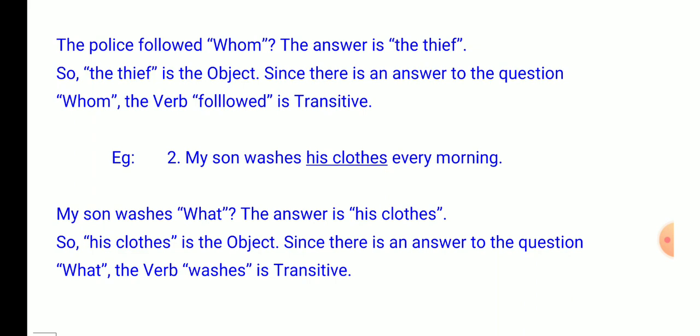So, his clothes is the object. Since there is an answer to the question what, the verb washes is transitive. In the first example, the object answers the question whom, and in the second example, the object answers the question what.